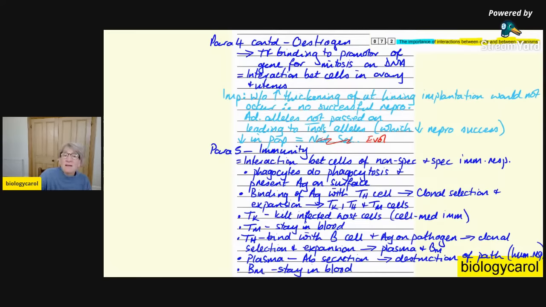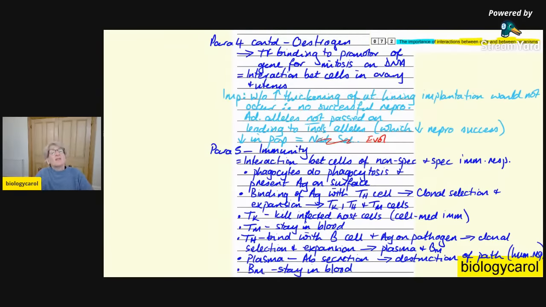The T killer cells kill infected host cells. Notice more cell-to-cell interaction. This is the cell-mediated response. The T memory cells stay in the blood, just in case the same infection occurs again. T helper cells bind with the B cells, notice cell-to-cell interaction, and the antigen on the pathogen to bring about the clonal selection and clonal expansion of the B cell.